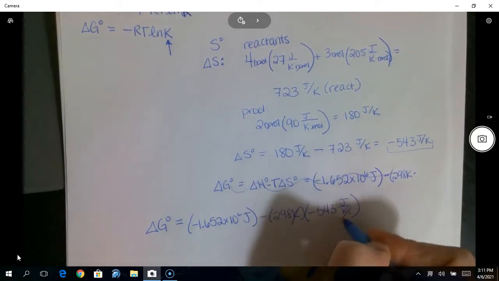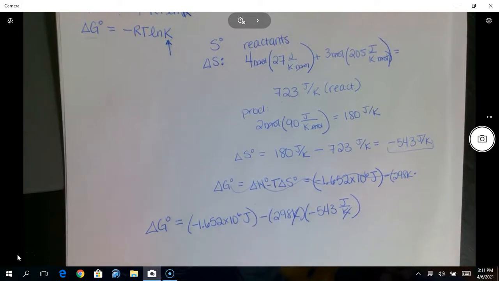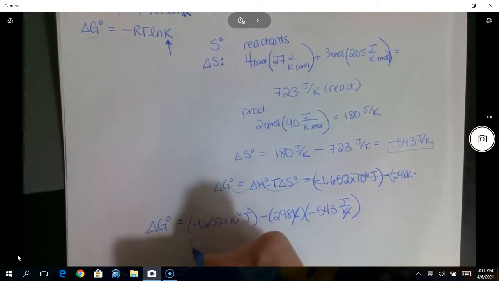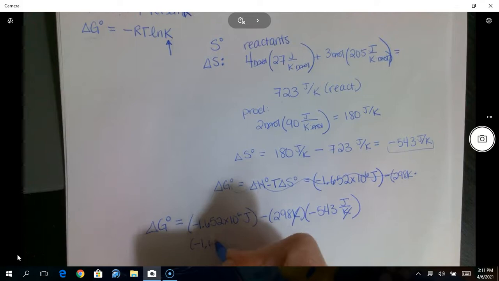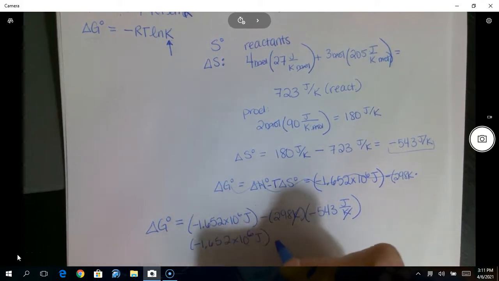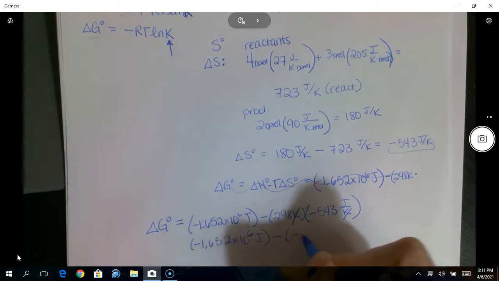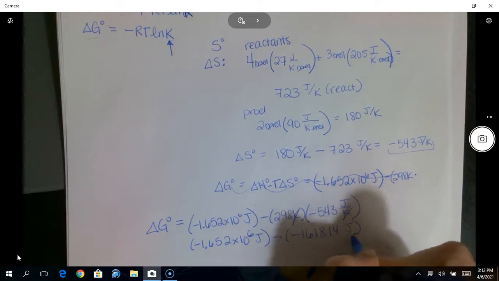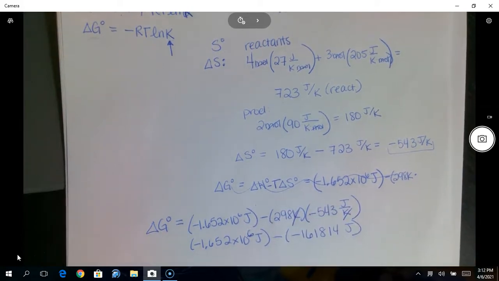My kelvins cancel, so this is 298 times negative 543. This stays the same. Negative 1.652 times 10 to the 6th joules, minus negative 161,814 joules.